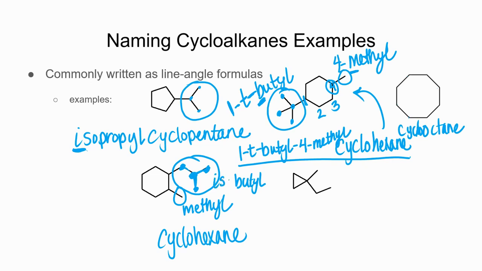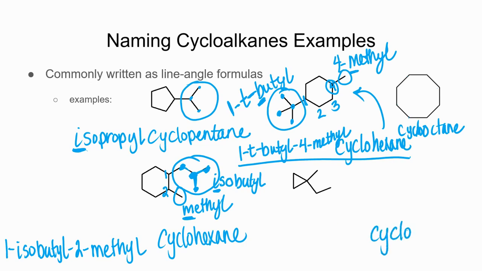Remember, iso is the one that doesn't get a dash and actually does do the alphabetizing by the iso. So we've got an iso and a methyl. So iso is going to come first. So we've got 1 dash iso with no dash, butyl, and 2 dash methyl cyclohexane.